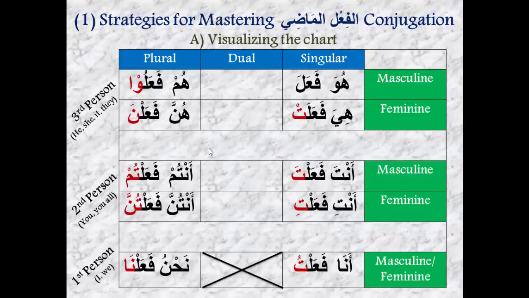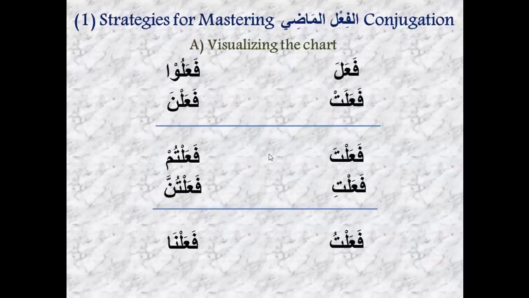So what this allows you to do is use the verb without relying on the personal pronoun. So instead of saying antum fa'altum, notice that if you memorize the chart and you know the position of each verb, the position intuitively tells you that fa'altum is conjugated for the second person because it belongs on the second row.